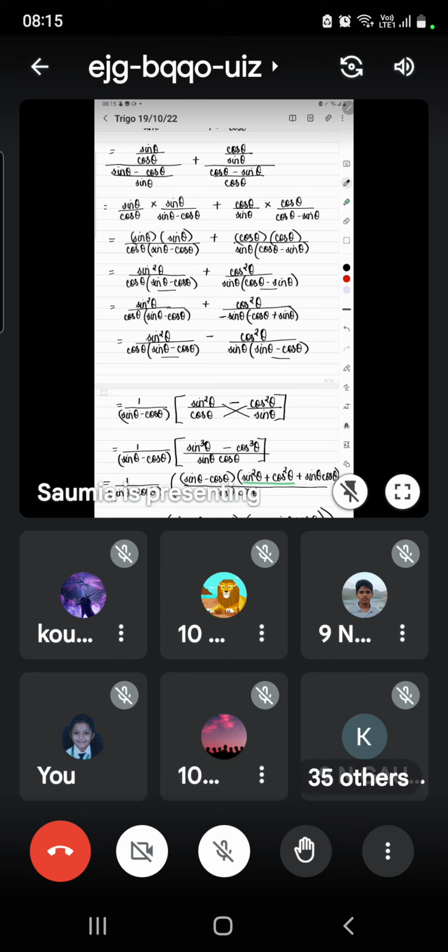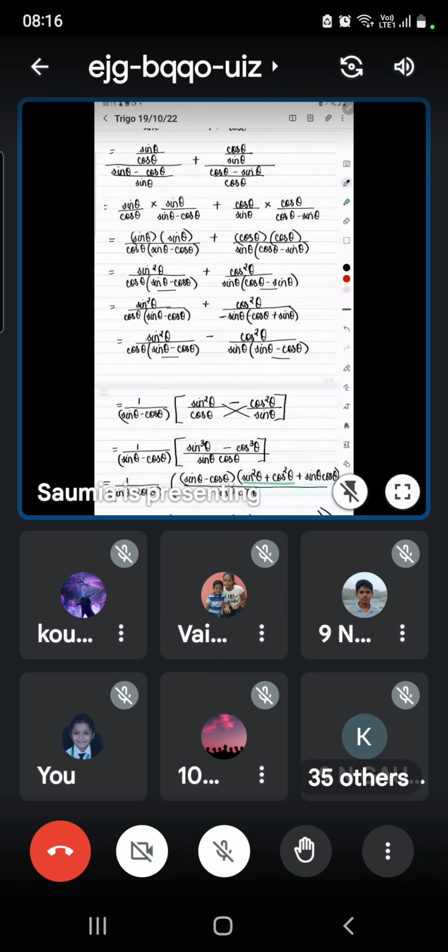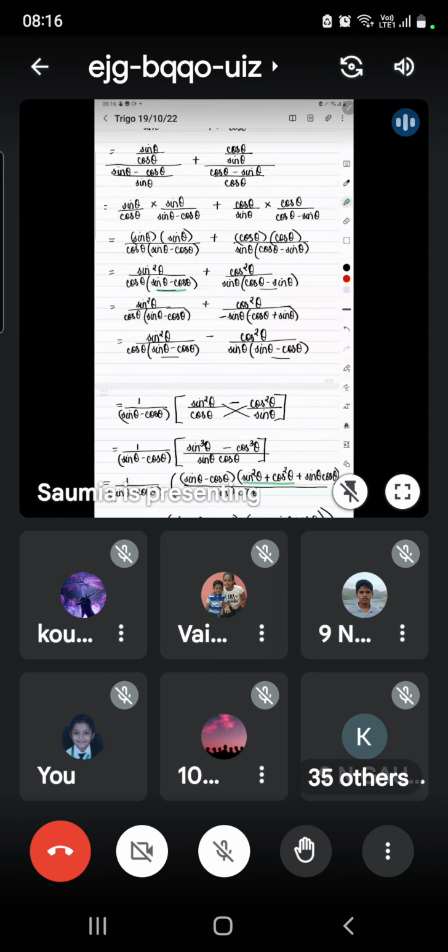Ma'am, will you just explain that line, how you take that minus sign common? See, here I observed that the denominators of this have something in common, but the signs are reversed. So I took a minus sign common.